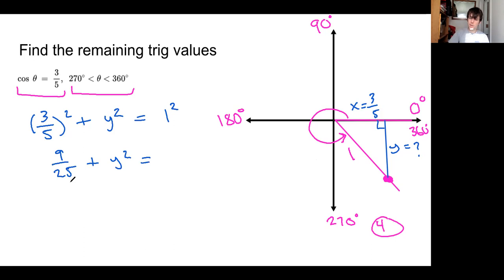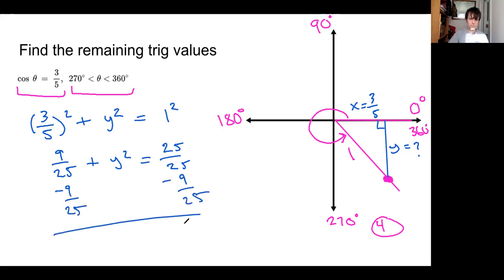I'm going to make these common denominators, so 1 can be written as 25/25, just to have common denominators for this process. Then I'm going to subtract 9/25 from both sides. I get y squared equals 16/25.